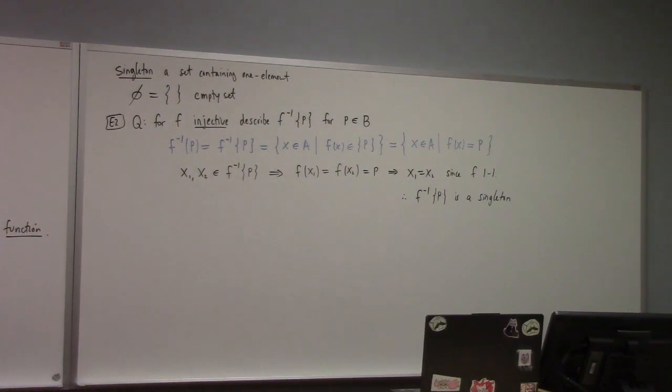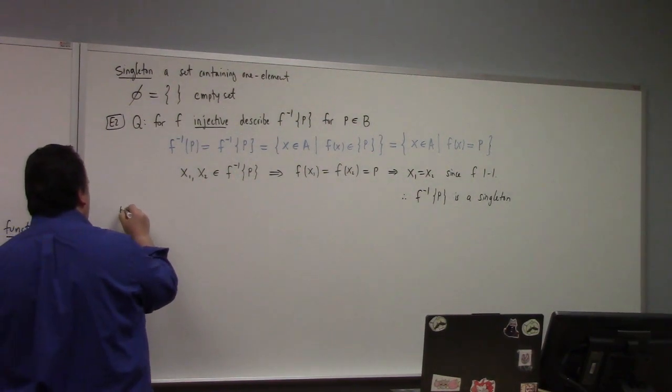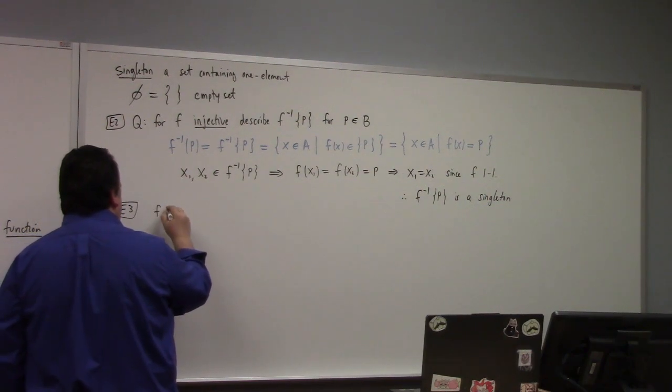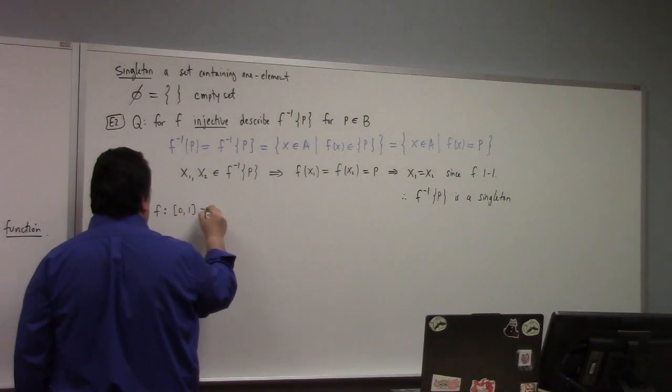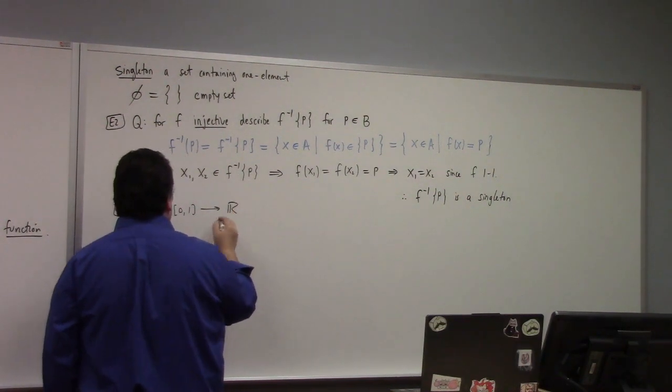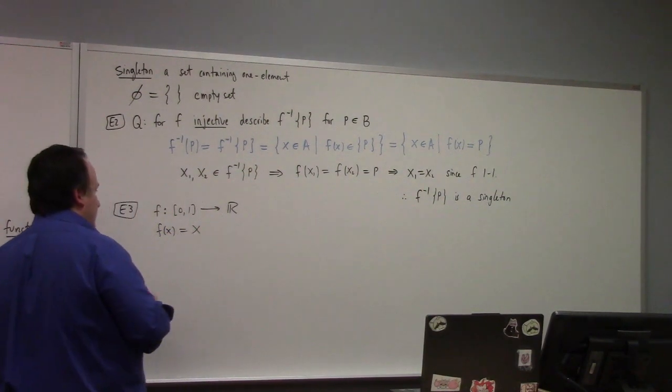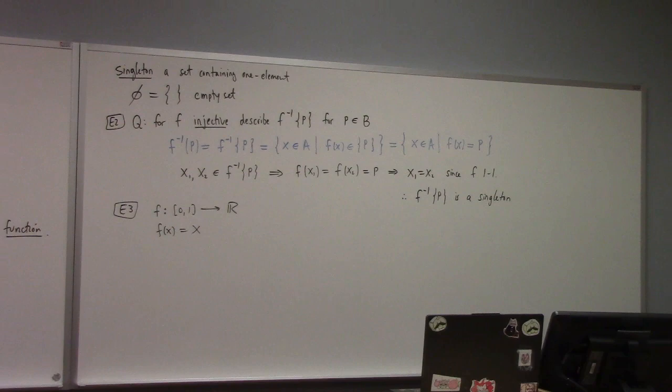For example, let us suppose we define f from, say, [0, 1] to the reals by f of x equals x. It's a pretty simple function.